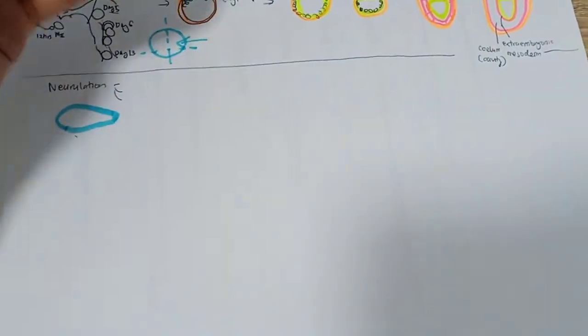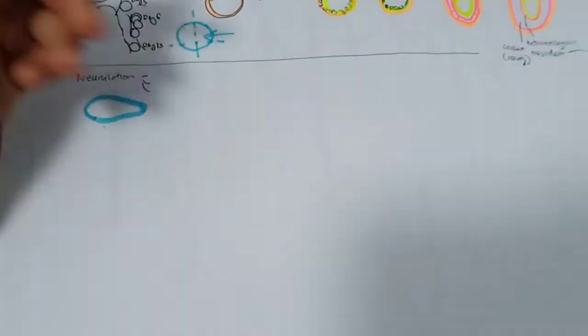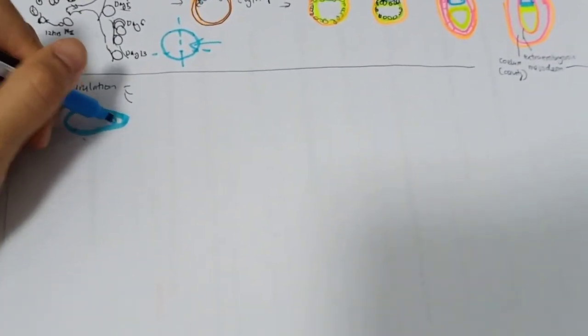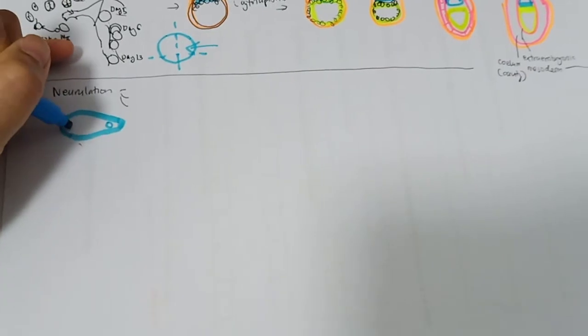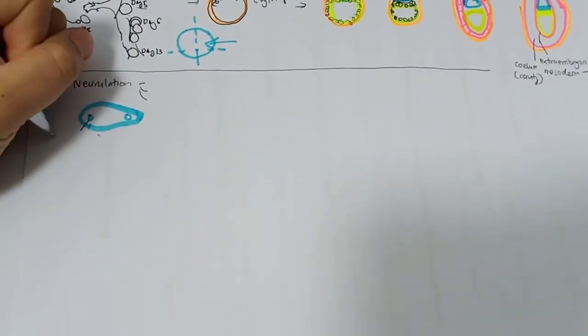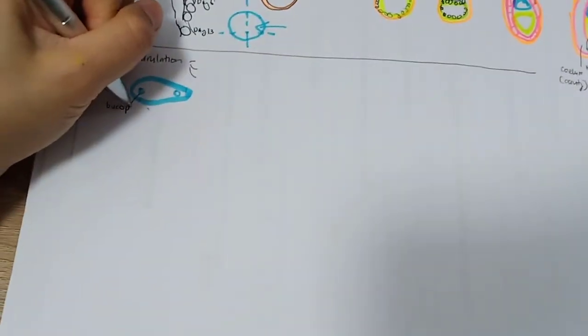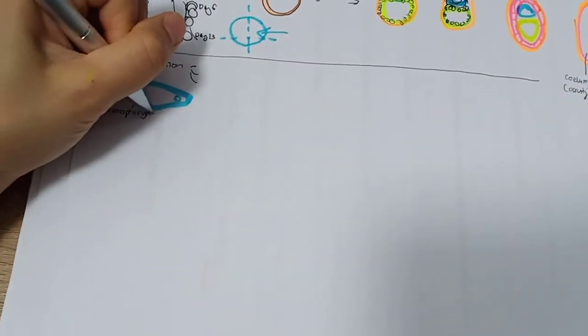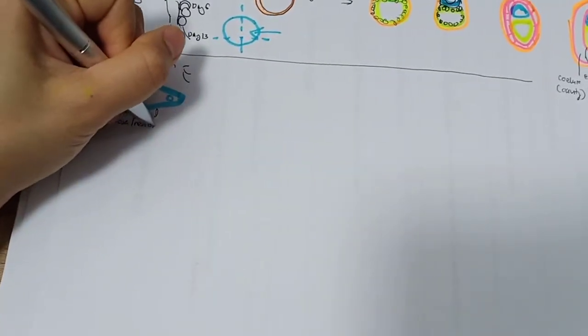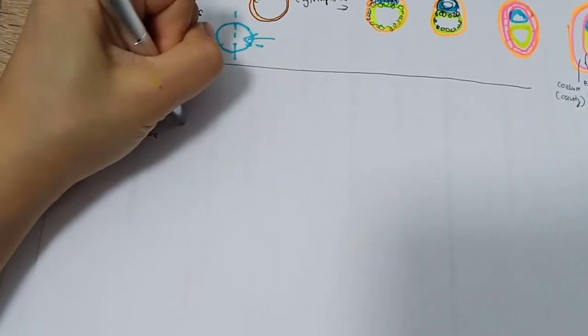We want to see from the side. In neurulation, there will be two membranes here. Here we have the buccopharyngeal membrane, and here we have the cloacal plate.